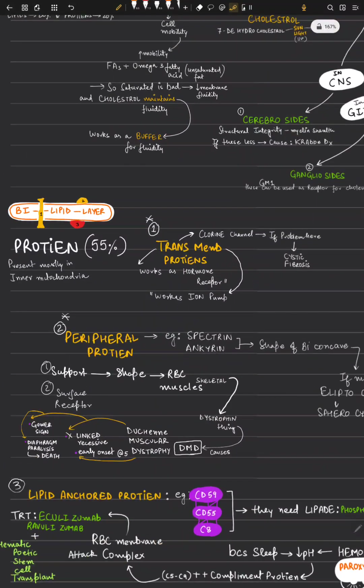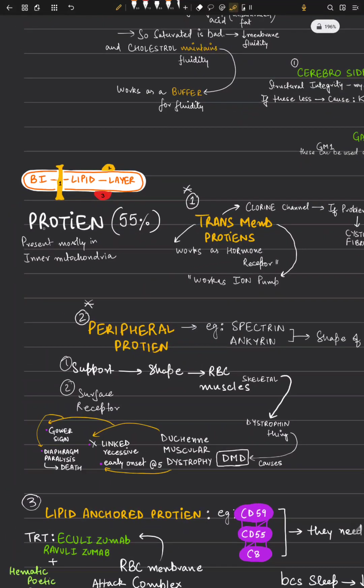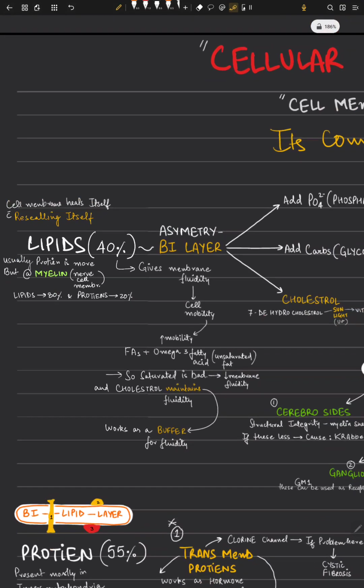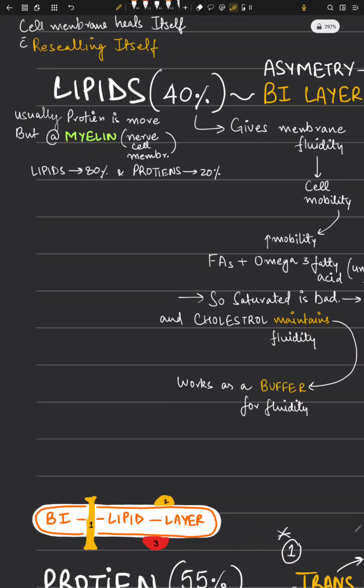Okay, let's talk about proteins now. Proteins usually make up about 55%. But where? At the myelin. In the nerve cell membrane, lipids make the majority of the myelin and protein makes 20% of the myelin.